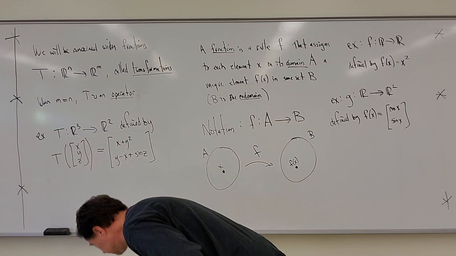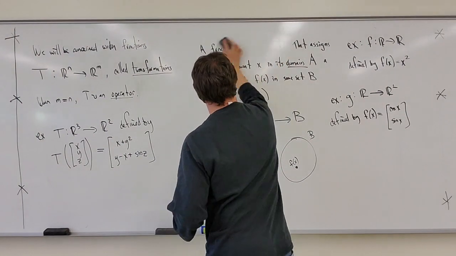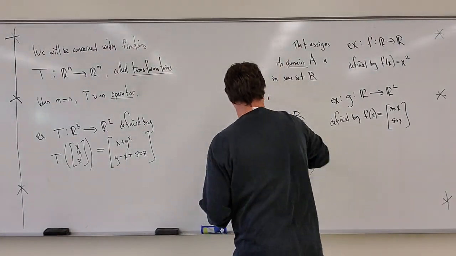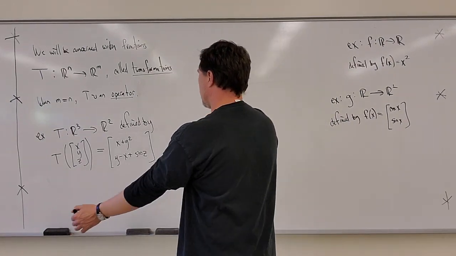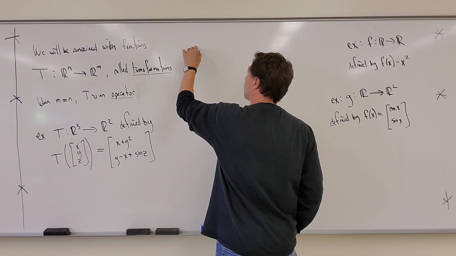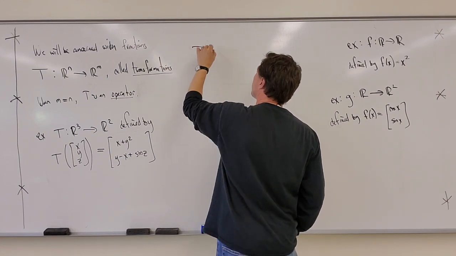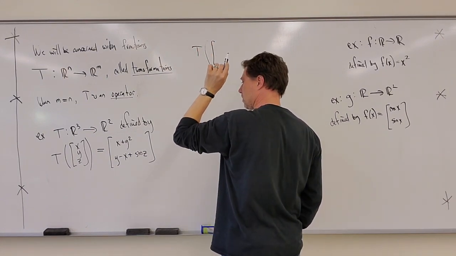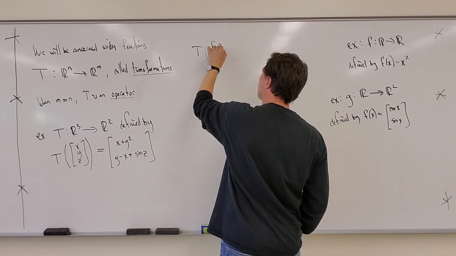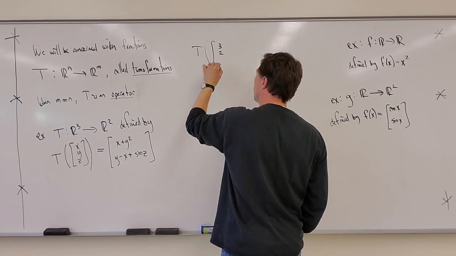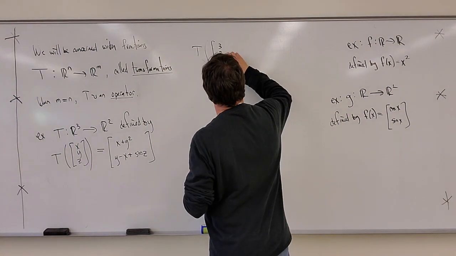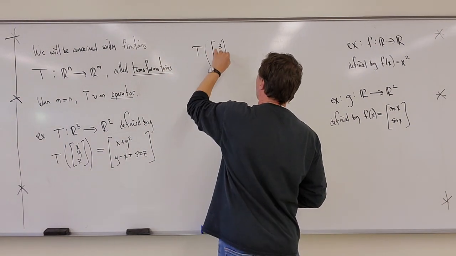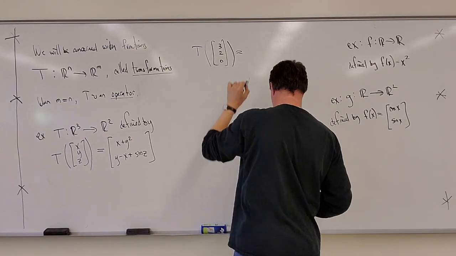So, for example, let's just work the same example. What is T of 3, 2, 0? Well, let's see.